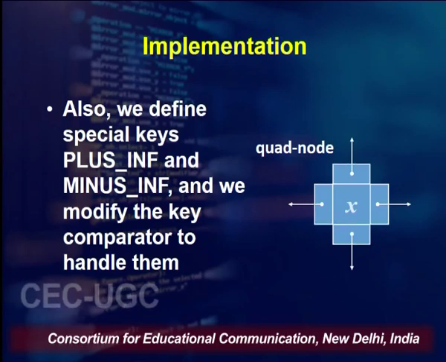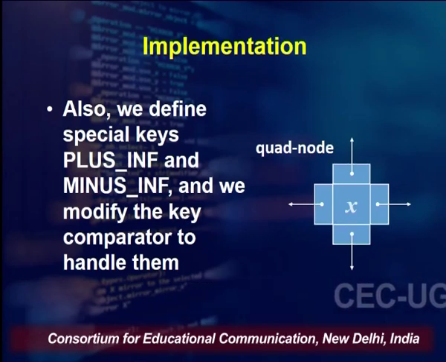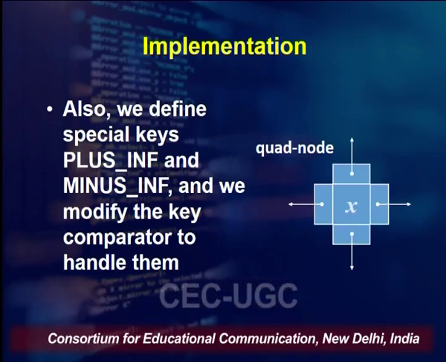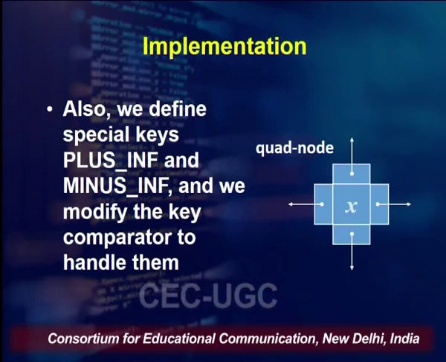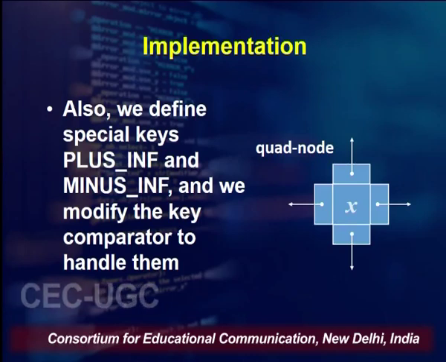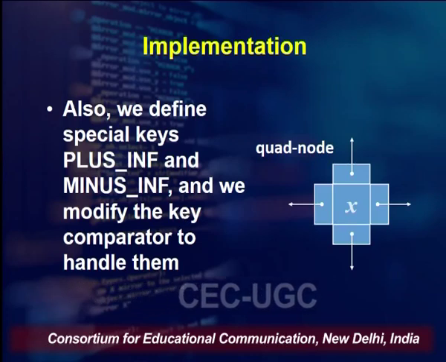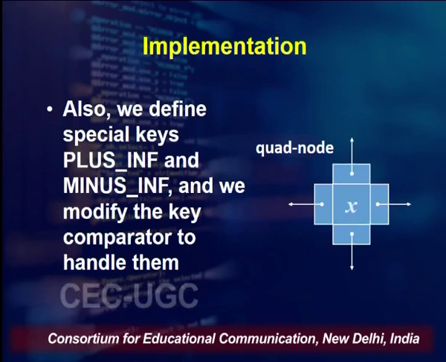We will be modifying the key comparator to handle them, because minus infinity will be compared with a number, and plus infinity may also be compared with a number. So, whatever key comparator is there has to be modified in order to take care of these special keys, plus infinity and minus infinity.